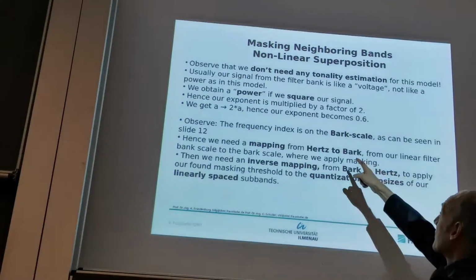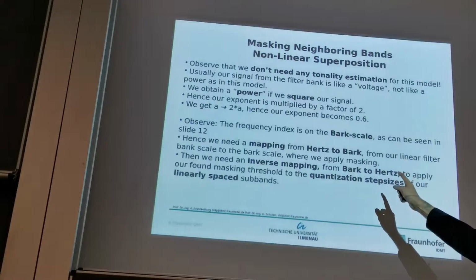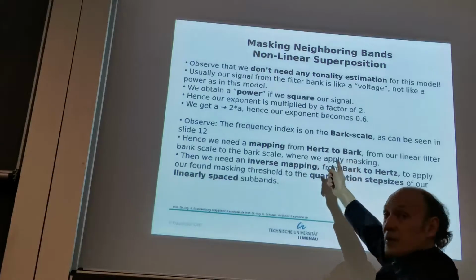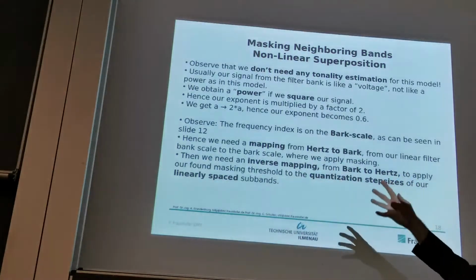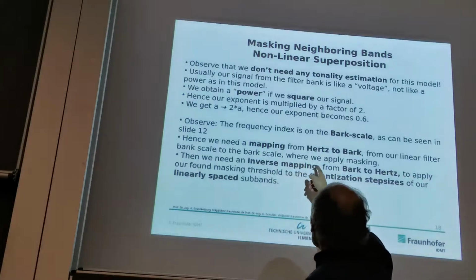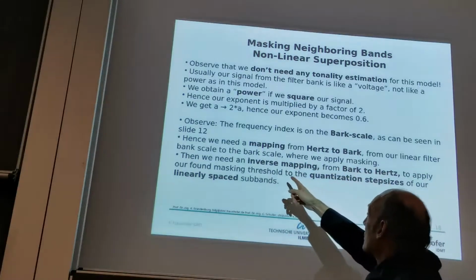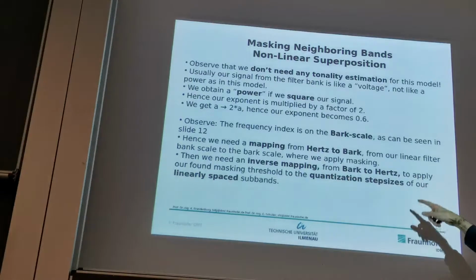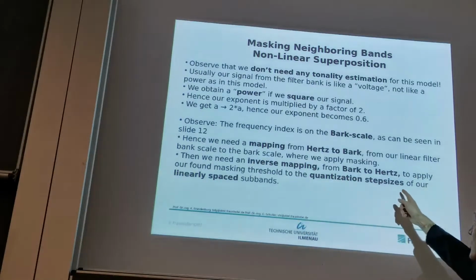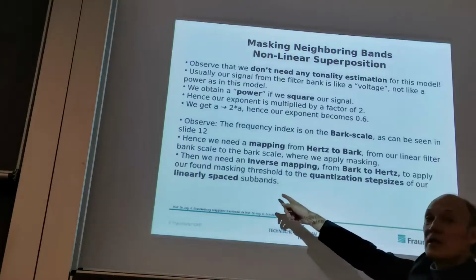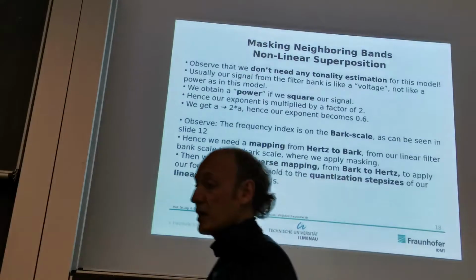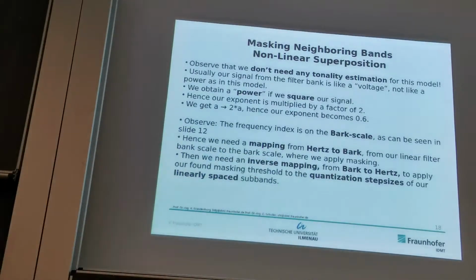The frequency index is on the Barbed scale, as we saw. Hence we need a mapping from Hertz to Barbed in the beginning, from our linear filter bank scale to the Barbed scale where we apply the masking. Then we need an inverse mapping from Barbed back to Hertz to apply our found masking threshold to the quantization step sizes of our linearly spaced subbands. This is the final missing step that we now need.